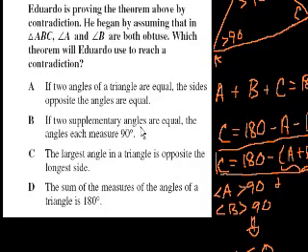No. If two supplementary angles are equal, the angle each measures 90. Well, we didn't use that. The largest angle of a triangle is opposite the longest side. No. The sum of the measures of the angles of a triangle is 180. Yep, that's the first thing we wrote down right there. So it's choice D. That's the theorem Eduardo used to reach the contradiction.